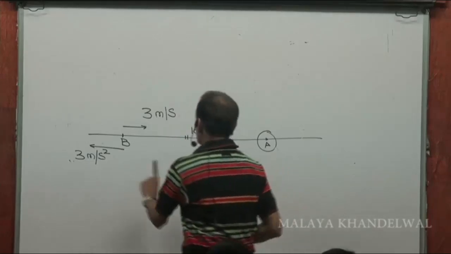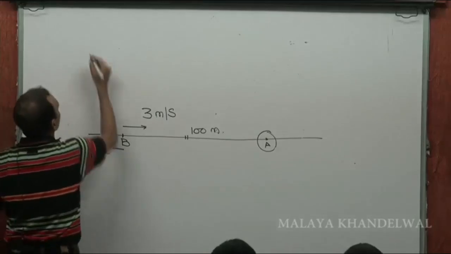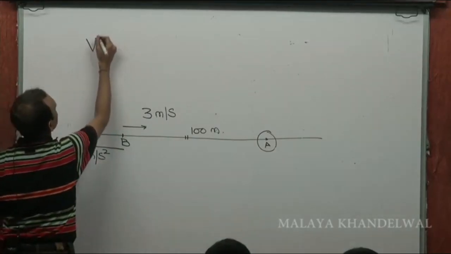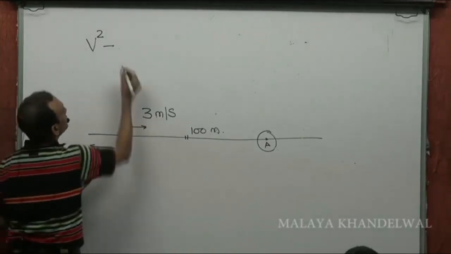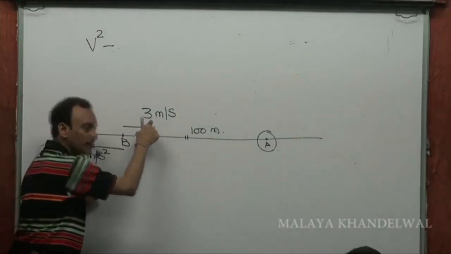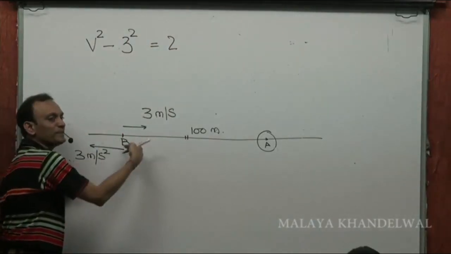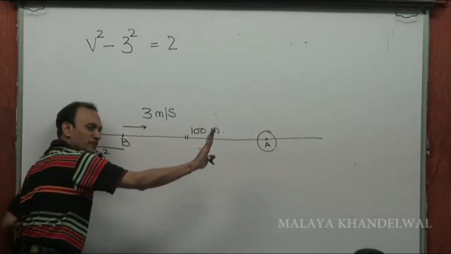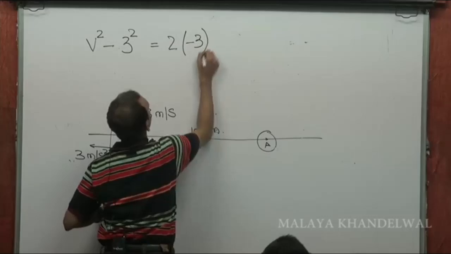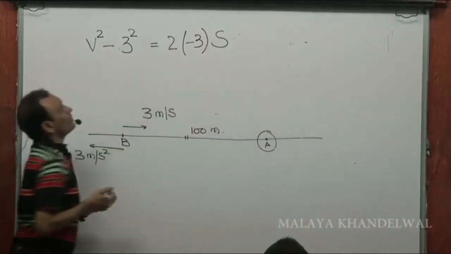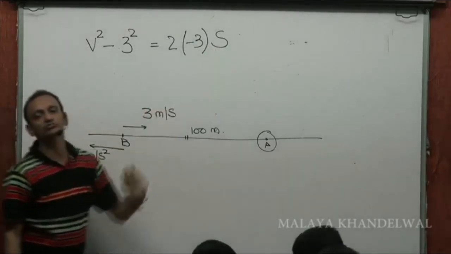The velocity of B after it has been displaced by an amount S to the right is given by v squared minus u squared, where u is 3, so 3 squared, equals 2 times a. a is 3 to the left, that means -3, because I'm measuring everything rightward positive and leftward negative. So 2 times -3 into S. That's the velocity of B in this equivalent situation after being displaced S units to the right.